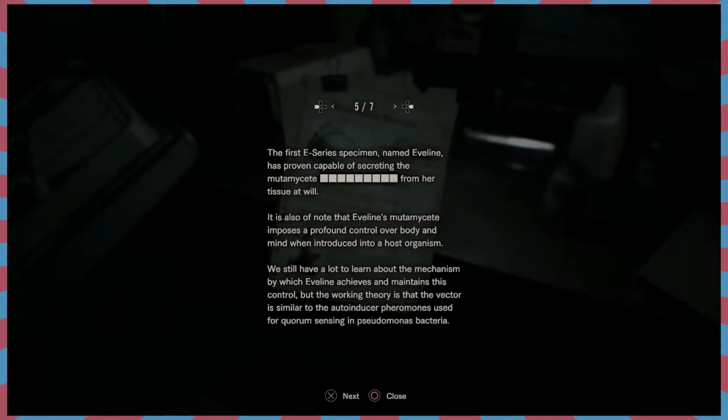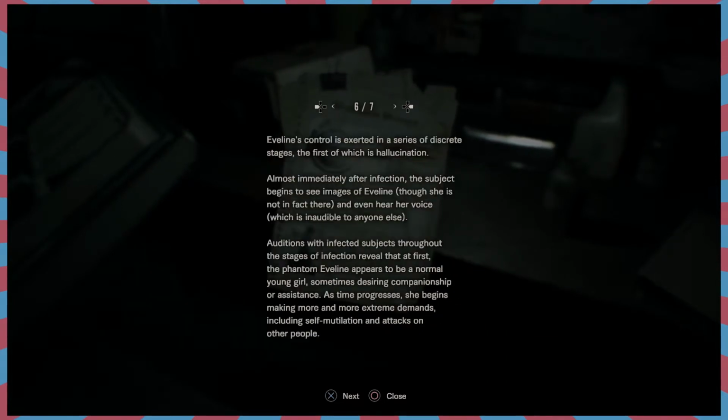We still have a lot to learn about the mechanism by which Evelyn achieves and maintains this control, but the working theory is that the vector is similar to the autoinducer pheromones used for quorum sensing in Pseudomonas bacteria. Evelyn's control is exerted in a series of discrete stages, the first of which is hallucination. Step 1. Almost immediately after infection, the subject begins to see images of Evelyn, though she is in fact not there, and even hear her voice, which is inaudible to anyone else, again, because she's not there.